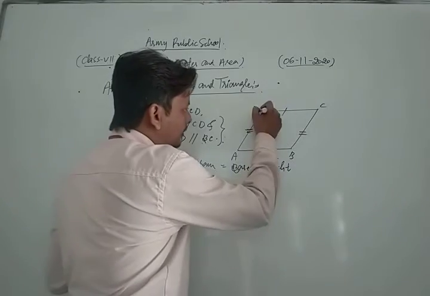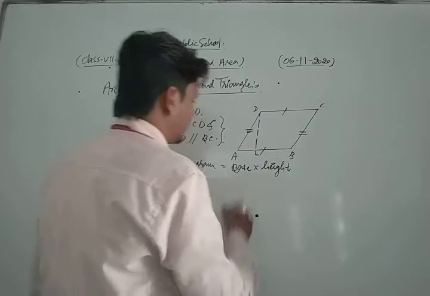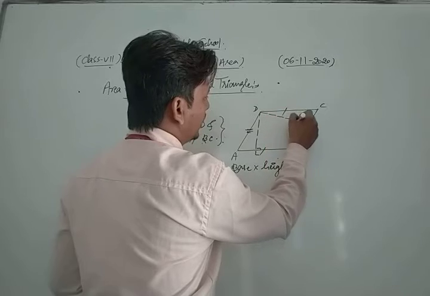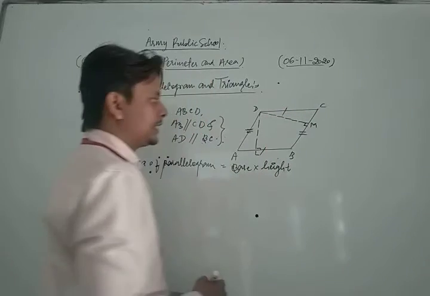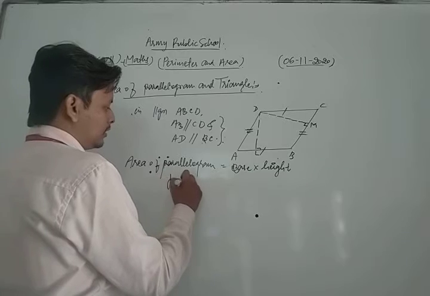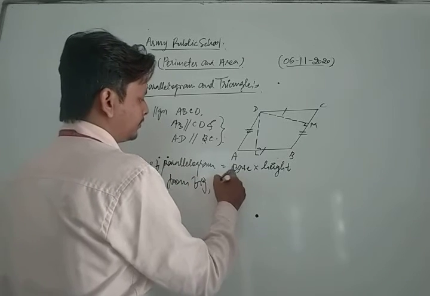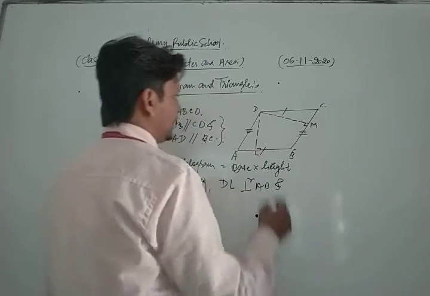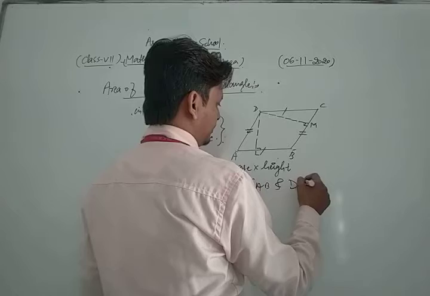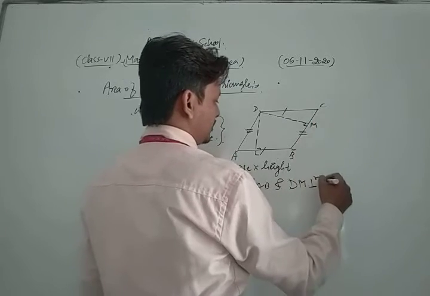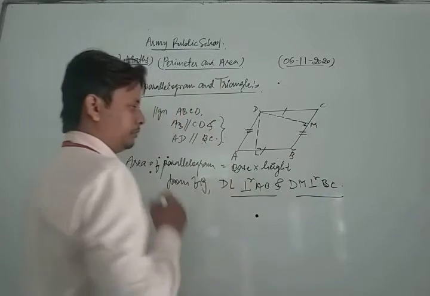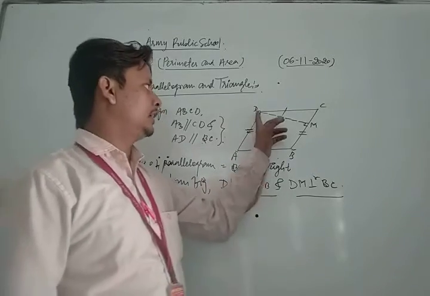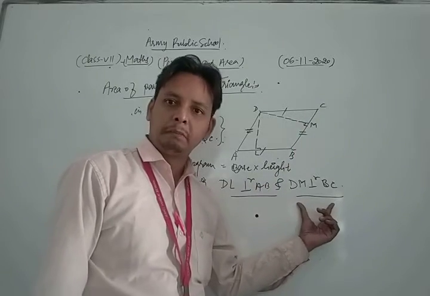If we draw DL perpendicular to base AB, and we draw DM perpendicular to base BC. From the figure, DL is perpendicular to base AB as well as DM is perpendicular to base BC.